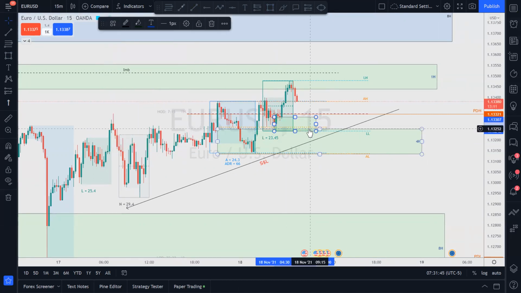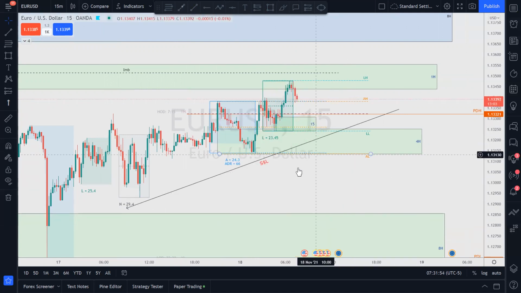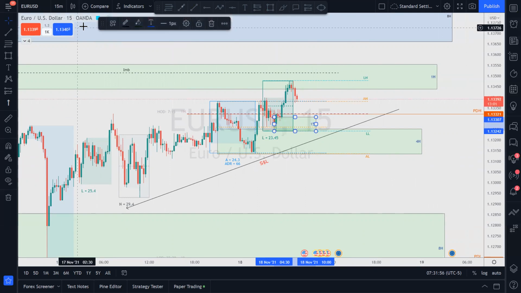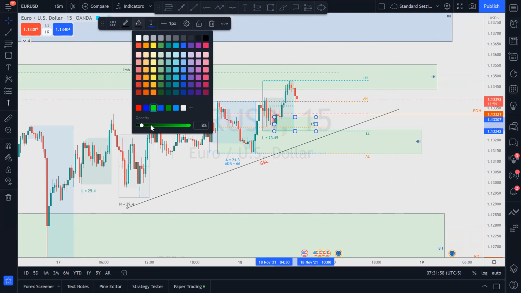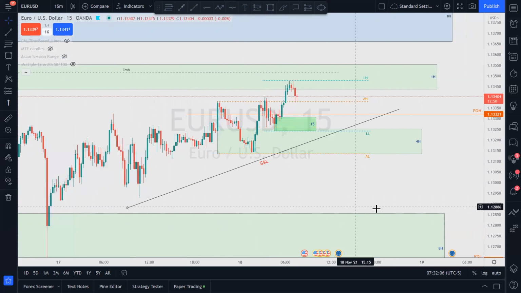And I said, this is a 15, excuse me, 15. I don't like putting letters if it's not relevant. I'm going to make this a little darker so it stands out. And now I can get rid of my session indicator there and move on.